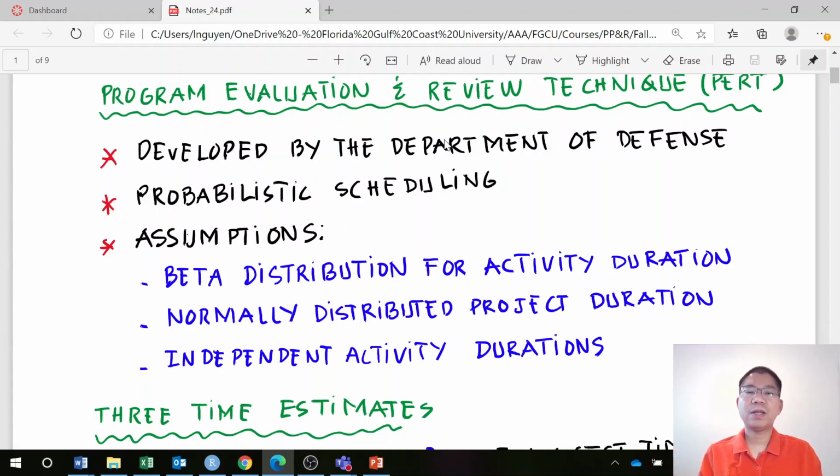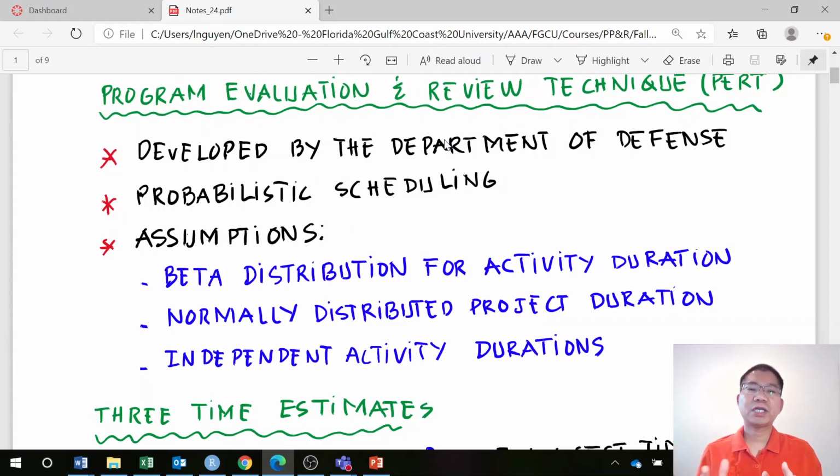Think about what we learned in the previous lessons, CPM, the critical path method. The path may include multiple activities, and in this case, the duration of the project is the duration of the path, and we assume that it is normally distributed. For each activity duration, assume beta distribution. For the whole project, we assume normal distribution.